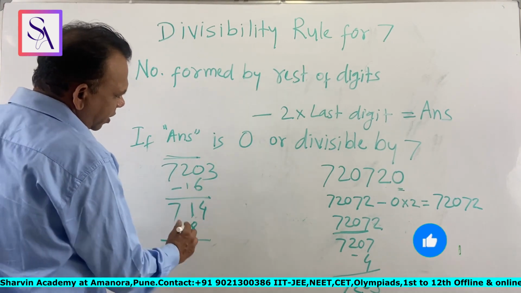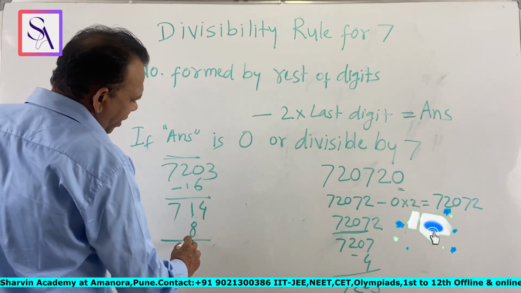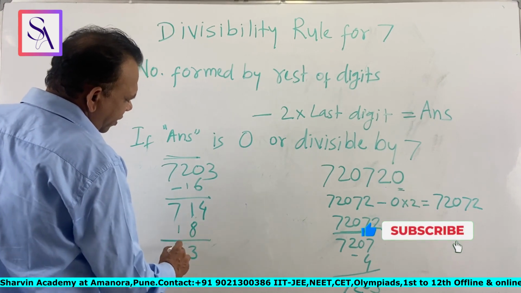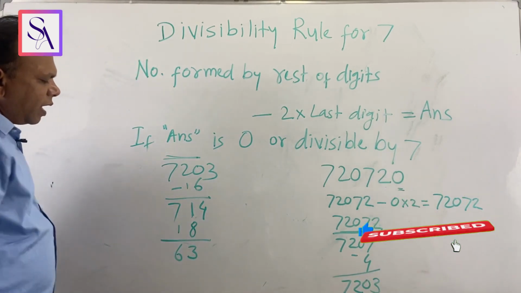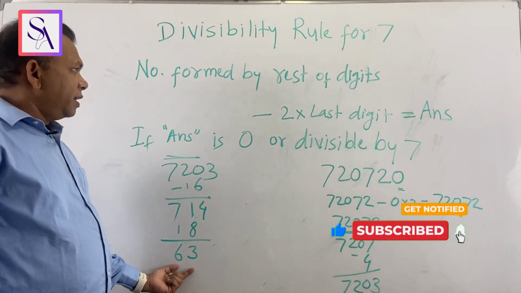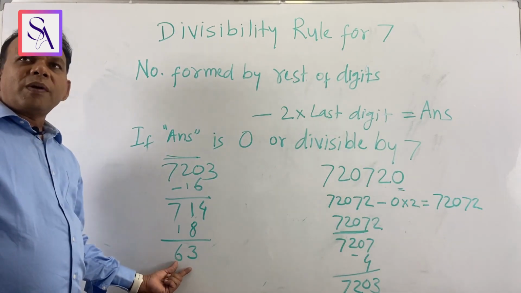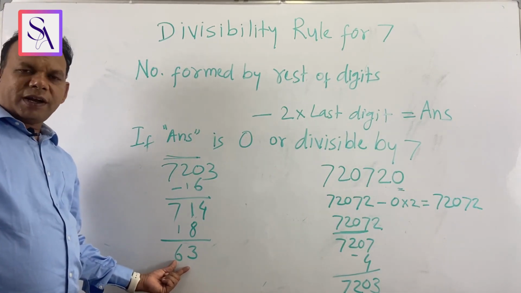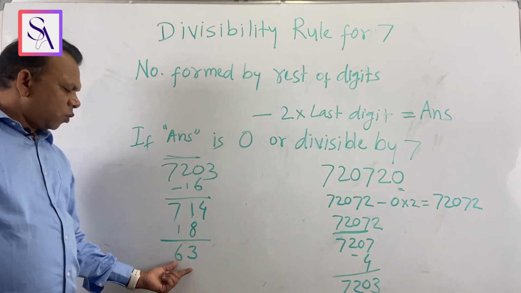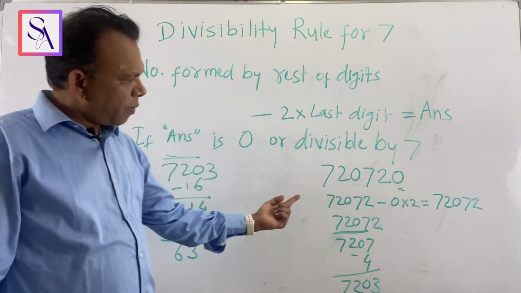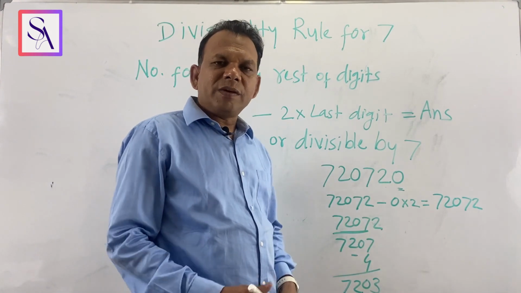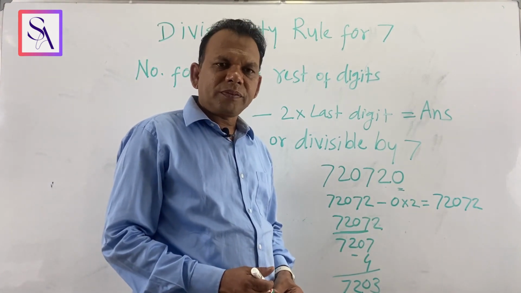It would be 71 minus 8, 63, and this 63 is divisible by 7. 7 9s are 63, right? So hence 720720 is divisible by 7, right?